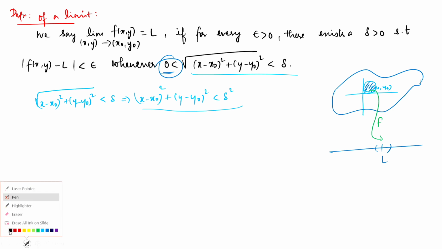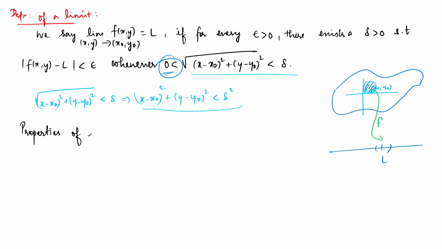Now, what are we going to see? We are going to talk about the properties of limits. Here I am not going to explain in detail about the properties of limits.